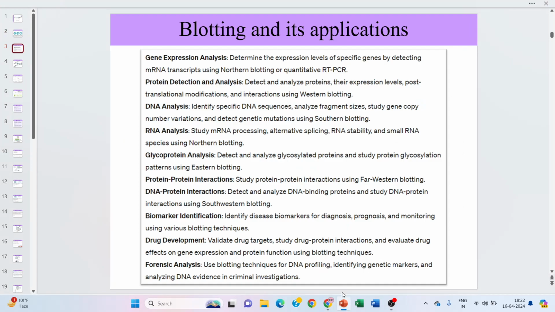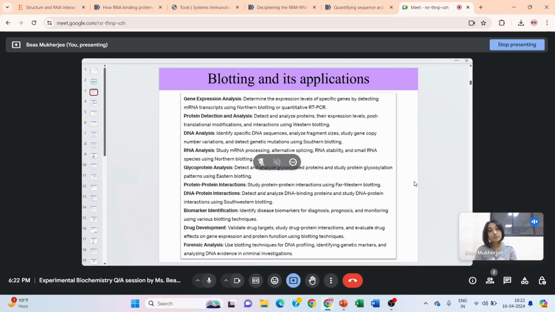So what are the different applications of blotting? Why do we even need to study blotting? Here you can understand that blotting has applications in all fields, all disciplines of science. First, gene expression analysis: determine the expression level of specific genes by detecting mRNA transcripts. For mRNA transcript detection, you need to go for Northern blotting. These are the names that are given, we'll come to it very soon.